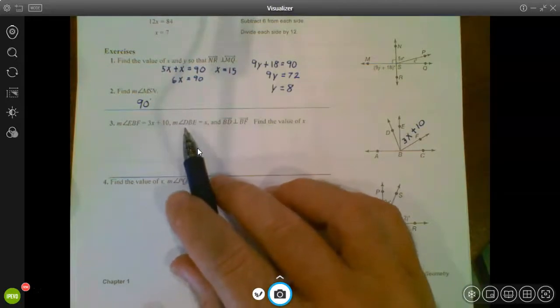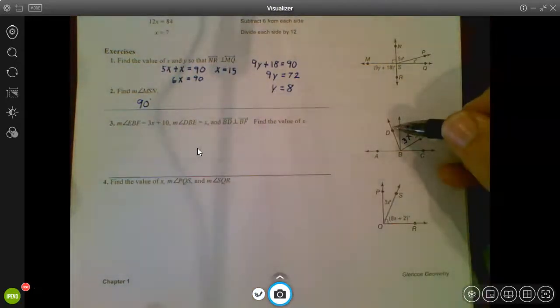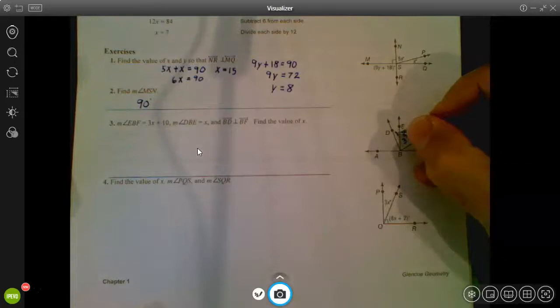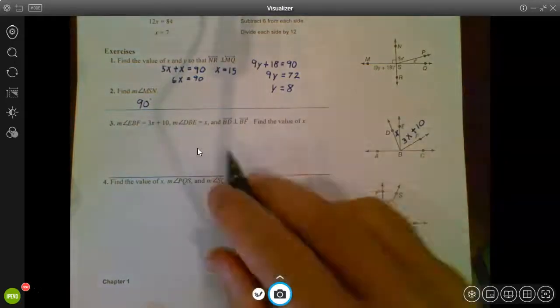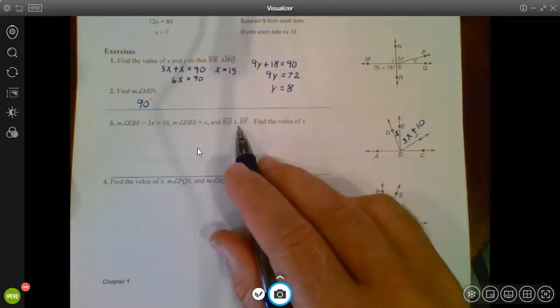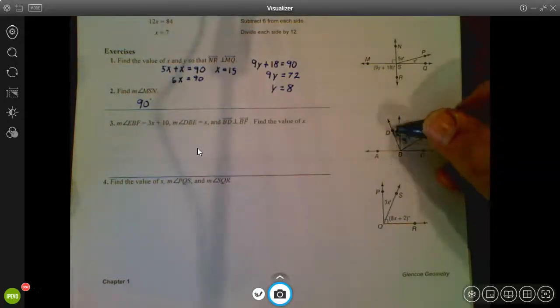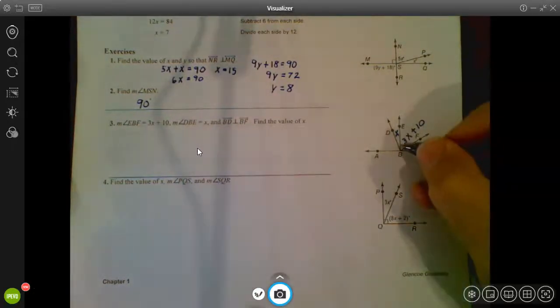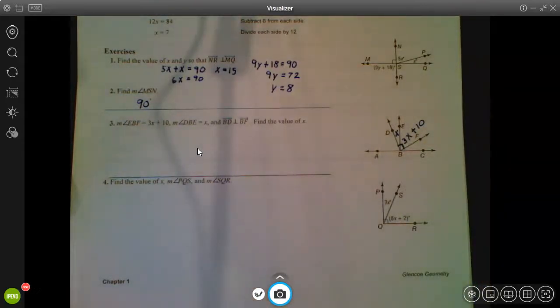We know that DBE is x. The perpendicular lines, so BD and BF, that means right here is my 90 degrees, since those lines are perpendicular to each other.